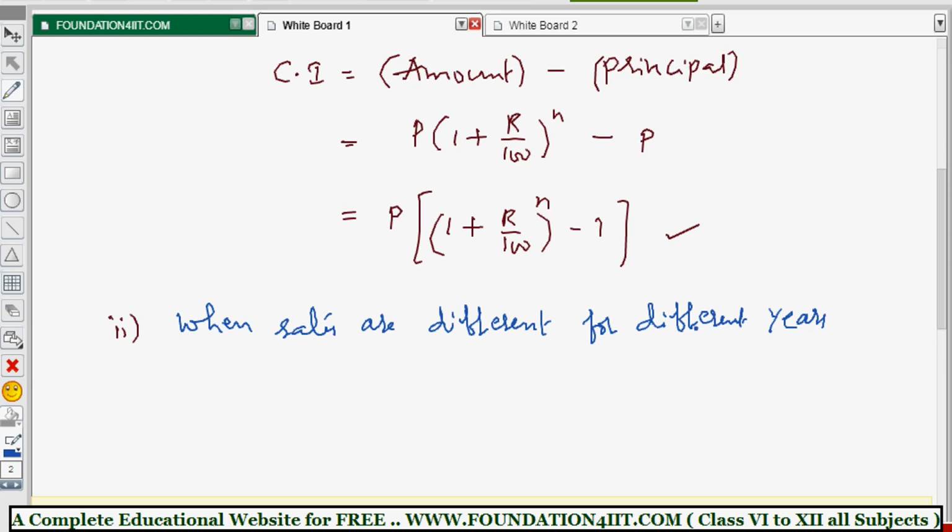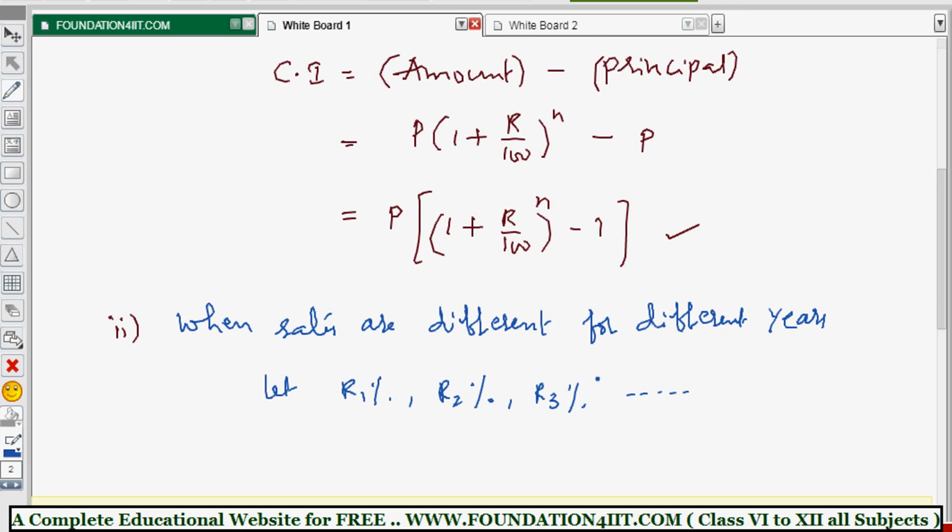Let the rates of interest for successive years be R1, R2, R3 and so on. The first year is R1 percent, the second year is R2 percent and the third year is R3 percent. If it is 3 years there are 3 rates, and for 4 years the fourth year has a different rate.